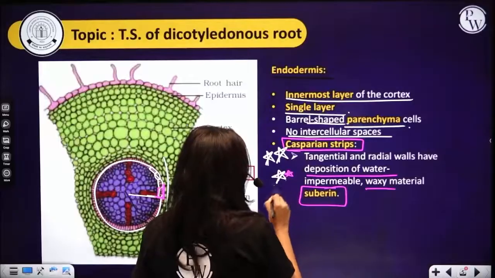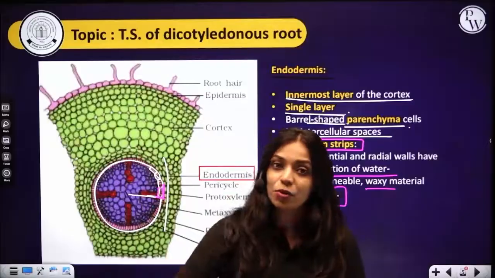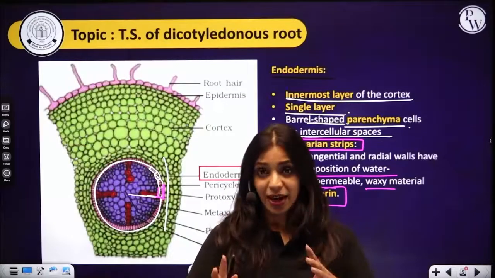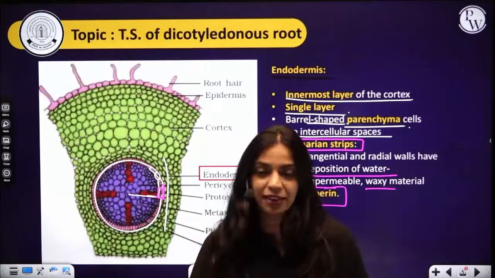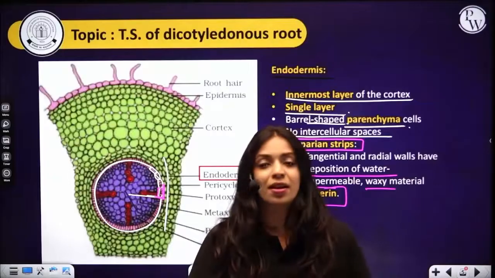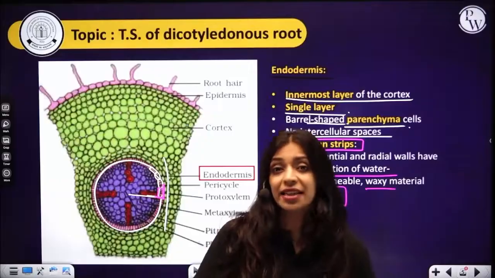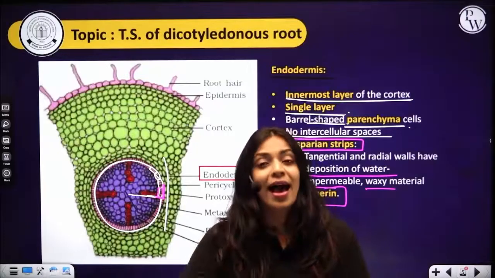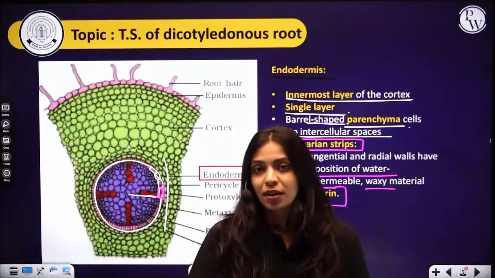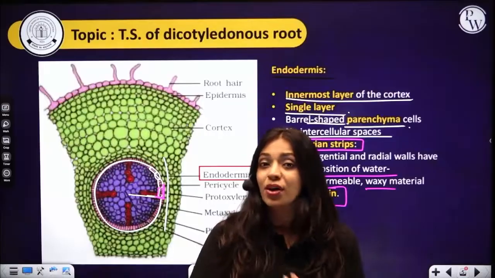This is very, very important, and you have to remember, I repeat it. Endodermis is the innermost layer of the cortex in roots. It has parenchymatous cells that are barrel-shaped. It is a single layer, no intercellular spaces. It has Casparian strips. Now, what are these Casparian strips? Casparian strips are nothing but the thickenings that you find in the radial as well as tangential walls of endodermal cells in the root. What do these thickenings do? Basically, they are impervious to water.